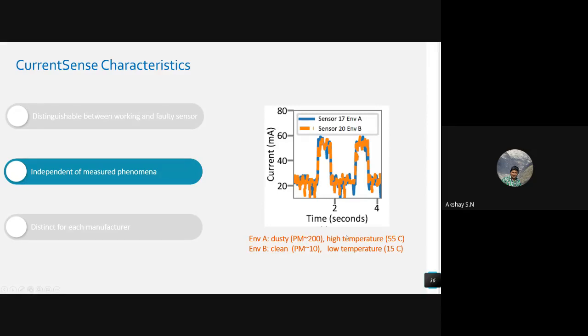And then there is environment B, which is low temperature and a clean environment. You can see the current consumption of both these sensors has not changed at all, because all we are measuring is current, not the PM data. That's the reason why the current signatures are independent of where the sensor is deployed, which means once I collect a fingerprint, the same fingerprint will remain on the device for its lifetime.